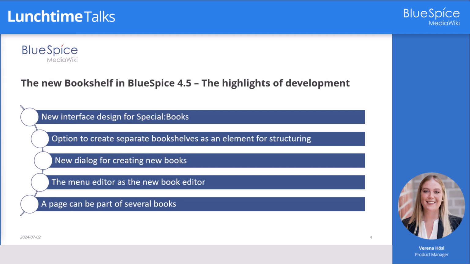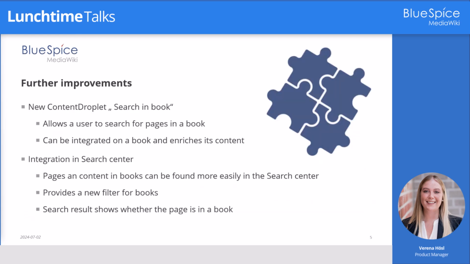So far, so good. Some smaller further improvements I would like to mention here: with BlueSpice 4.5, we will provide a new content droplet called Search in a Book. This is a pre-configured text search. You can just add this content droplet to a page, and it will open a small inspector in the edit mode where you can define the book.